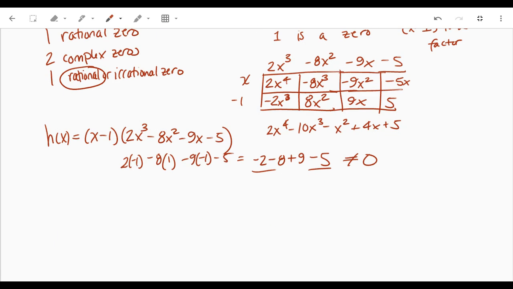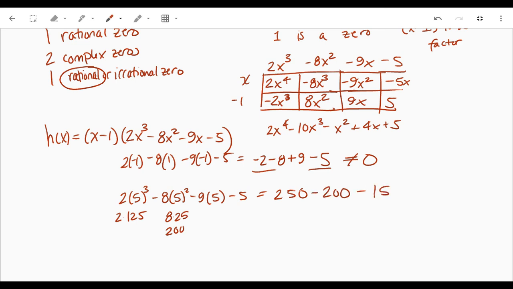to the 5 to test. So 2 times 5 cubed minus 8 times 5 squared minus 9 times 5 minus 5. So this is going to be 2 times 125, so 250. And then 8 times 25 is 200, right? 8 quarters is $2.